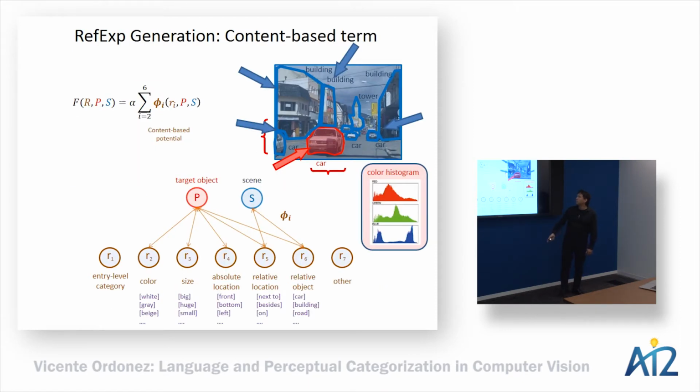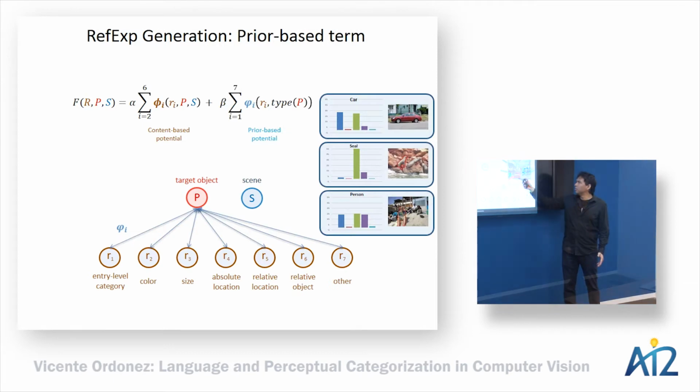The first component is a content-based potential, where we compute a distribution of various words that can be mentioned for each of these attributes: color, size, absolute location, relative object. Again, we have access to the size of the object because that's given as an input, and we also have access to all the other information like the location or the color histogram. People prefer other types of attributes as well.